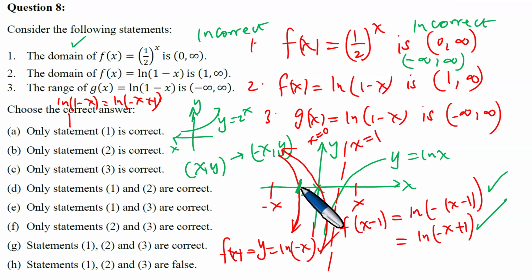Because if the graph moves by 1 unit because of this 1, then the asymptote is going to move also, because it was 1 unit away from here. So the asymptote is going to be 1 unit away. If you are at the origin here, it's going to be at 1 here.